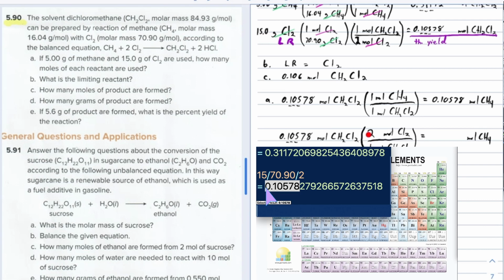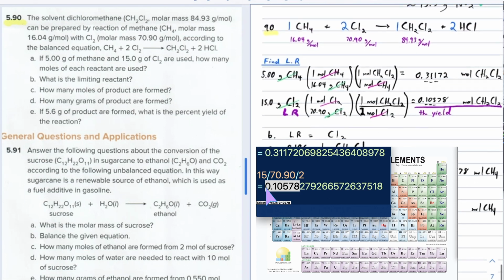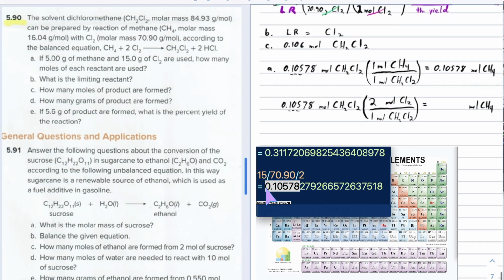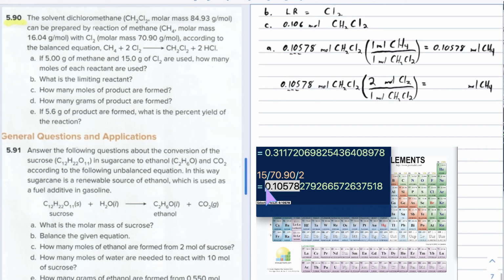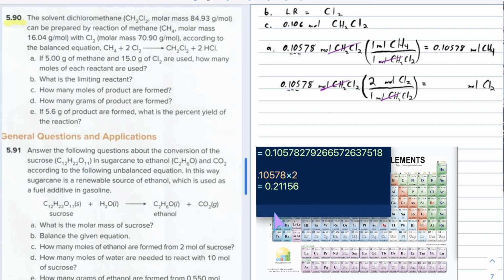Now we get these from the coefficients in the chemical equation. Okay, so you can see the units canceling like they did up there, and we'll be left with moles of chlorine. And this will be 0.10578 times 2. So 0.21156.